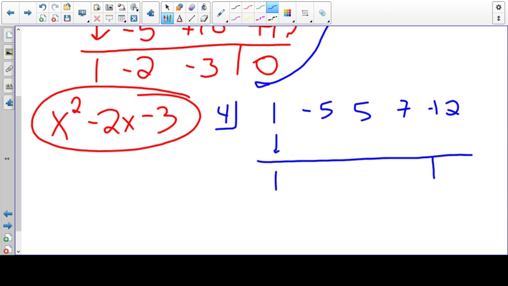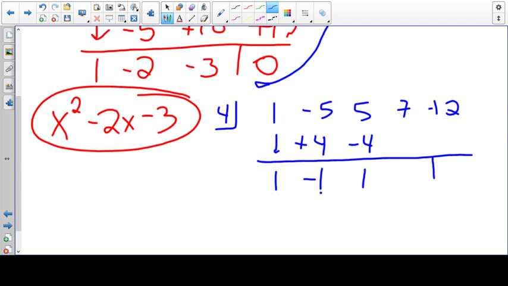Bring down that 1. And I have 1 times 4, which gives me a positive 4. I have negative 5 plus 4, which gives me negative 1. Negative 1 times 4 gives me negative 4. 5 minus 4 is positive 1.